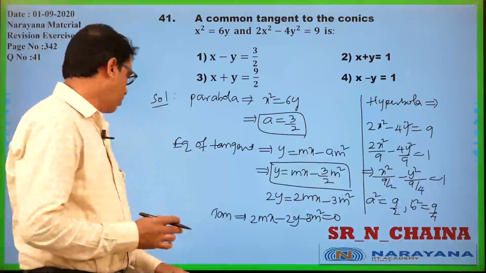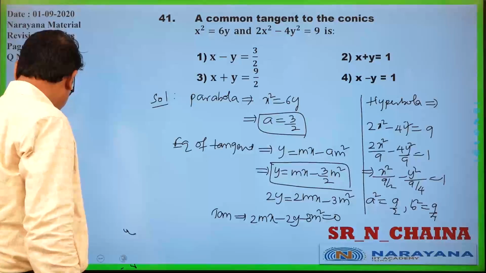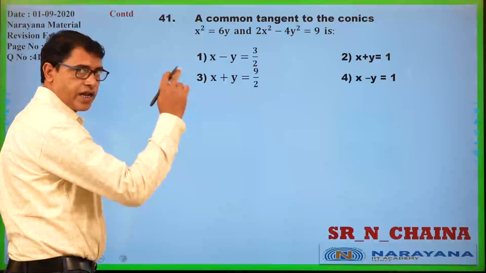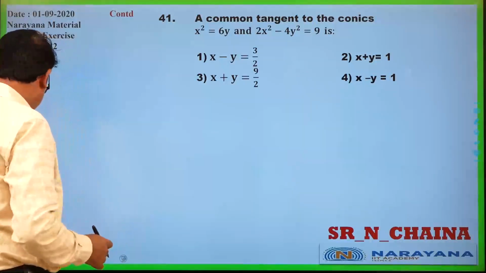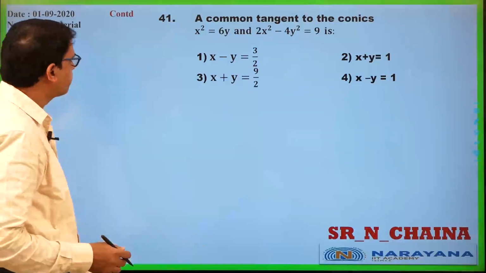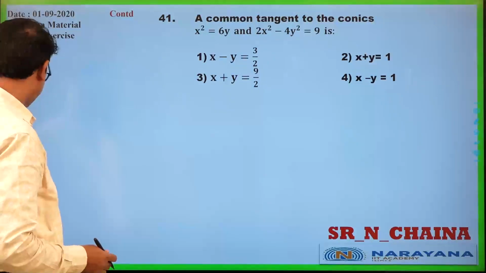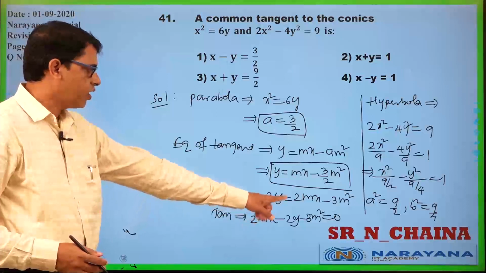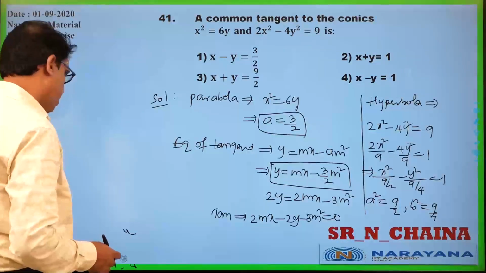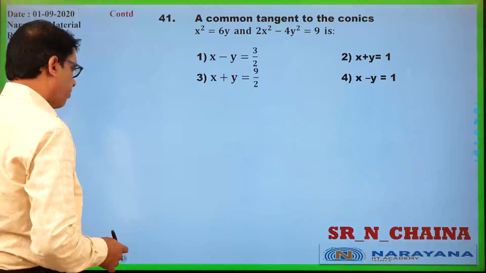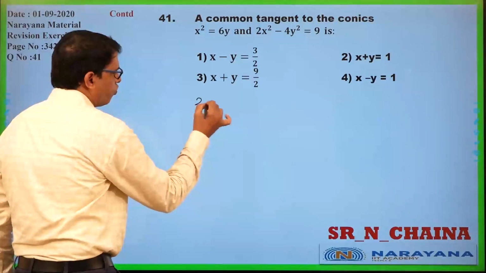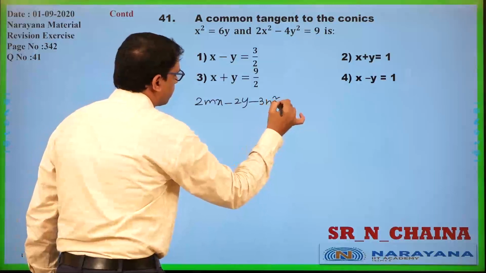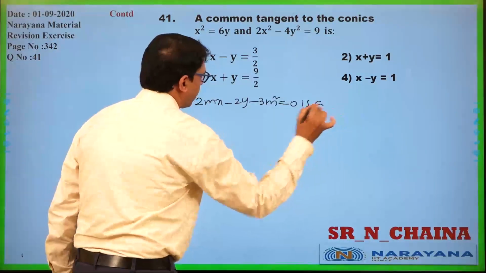Okay, now go to the next page. So the previous line is a tangent. What is the tangent? 2mx minus 2y minus 3m square is a tangent.